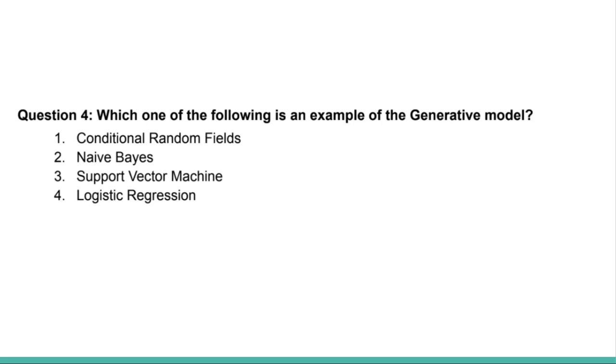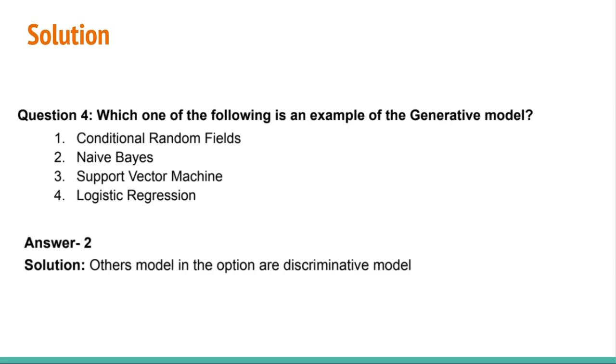As we discussed in the previous question, the answer is option 2, naive Bayes, an example of a generative model. Some other examples would be hidden Markov models as well, which are also a part of this week's content. These are some very common examples of generative models.